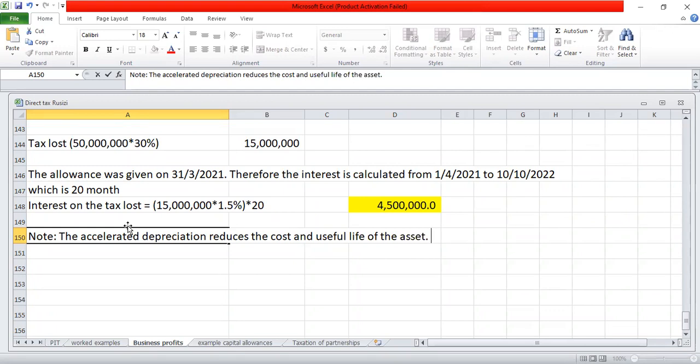The accelerated depreciation reduces the cost and the useful life of that particular asset.